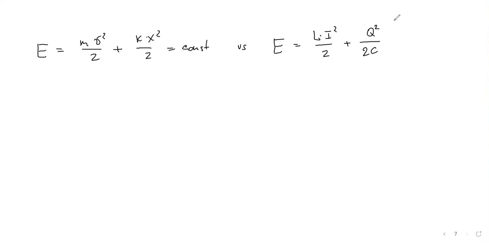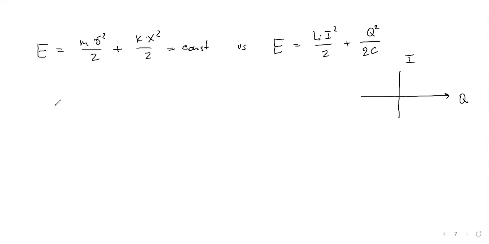So if you try to draw a phase space diagram, because Ada likes phase space diagrams, we can draw this from here. Charge and current. Then if you look at this equation, this would be an ellipse.